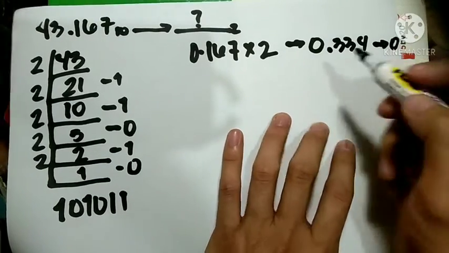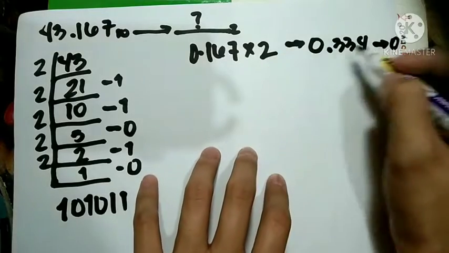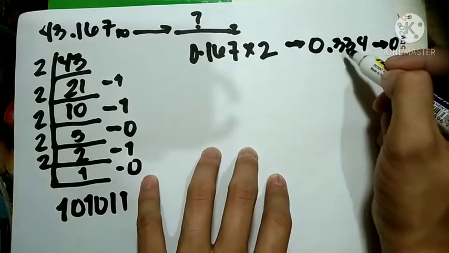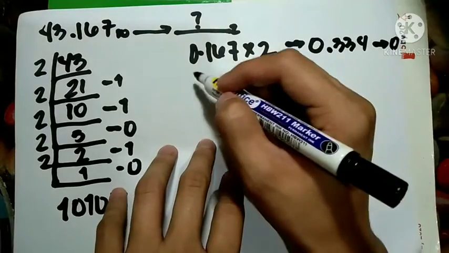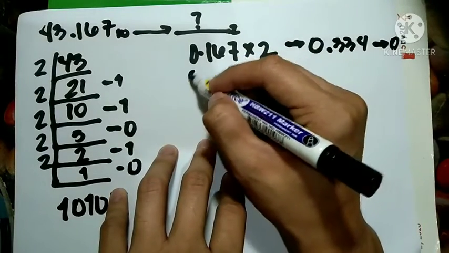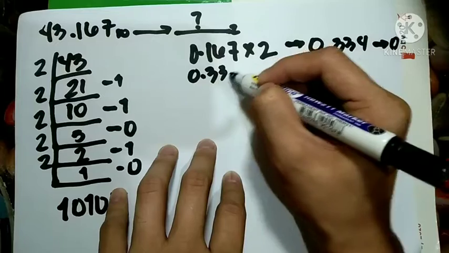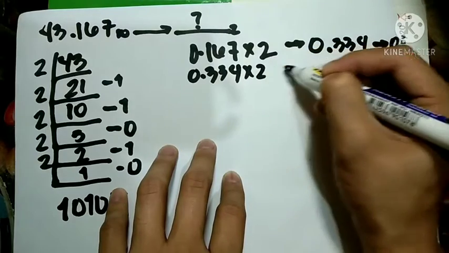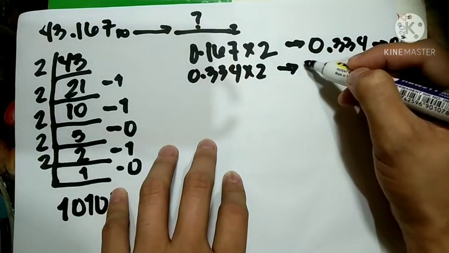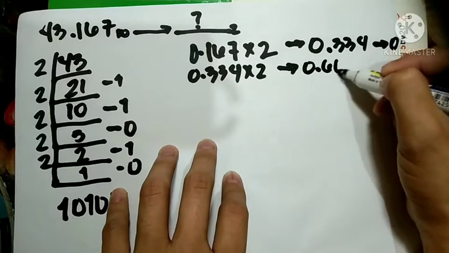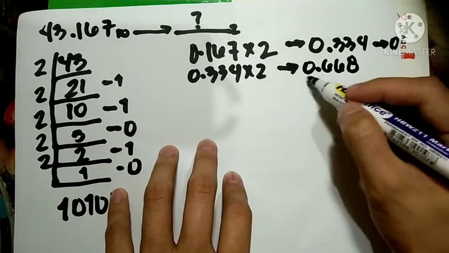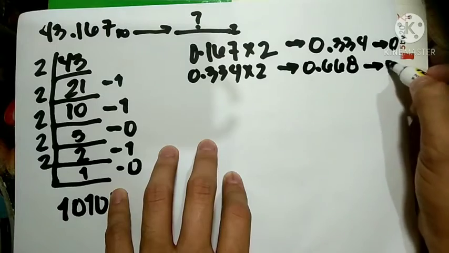So 0. We'll consider this 0. Then multiply the answer by 2. 0.334 times 2 is equal to 0.668. We will consider again the 0 here.